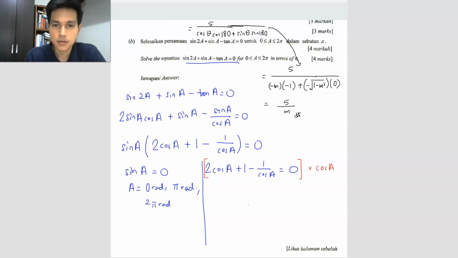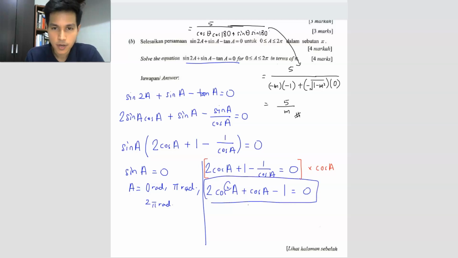See what happens. 2 cos square A plus cos A minus 1 equals 0. So what do you notice from here? This is a quadratic equation, right? You got a square, you got a power 1, and then you got a constant.